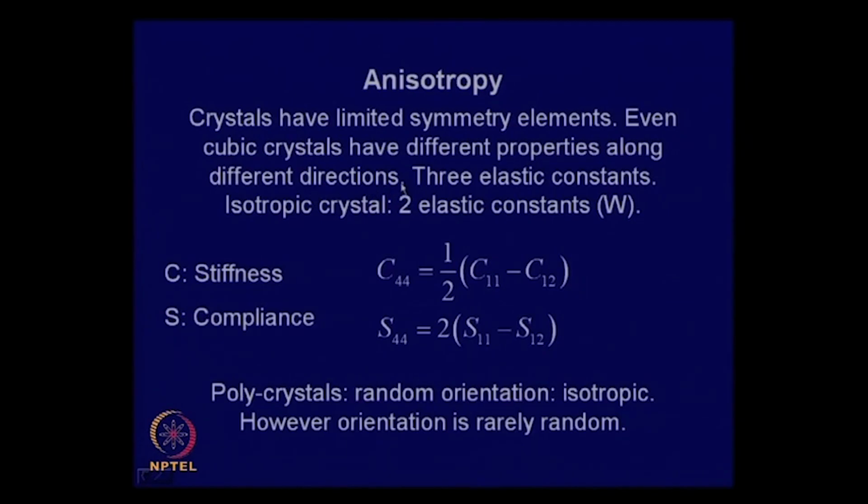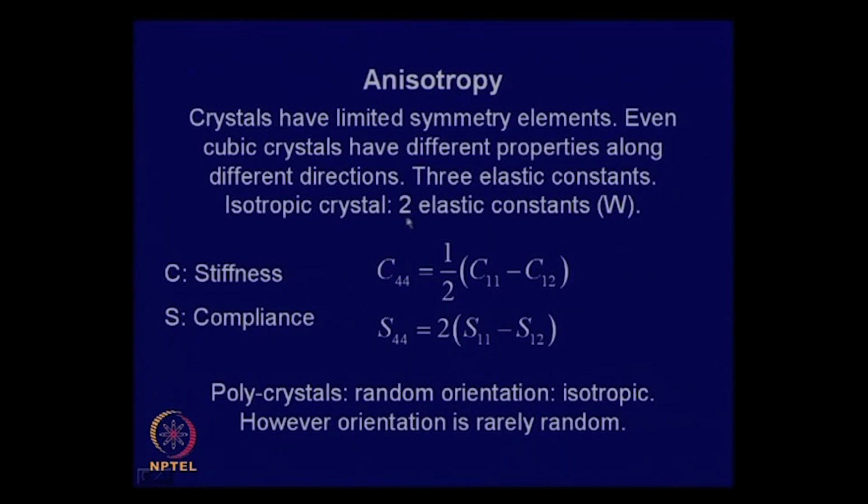I think we did talk about this in detail. If we look at mechanical properties, they are determined by elastic constants. We have seen that in the case of a cubic crystal, you need 3 elastic constants, whereas for an isotropic material it is good enough to have 2.